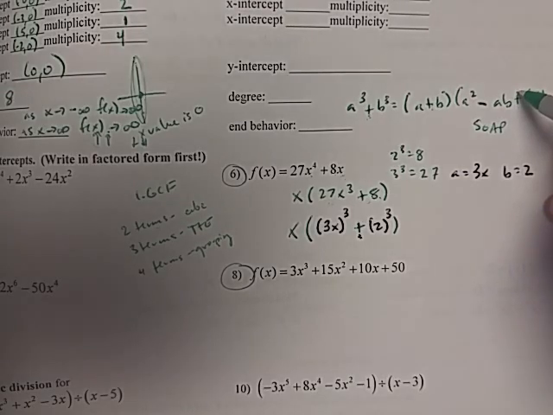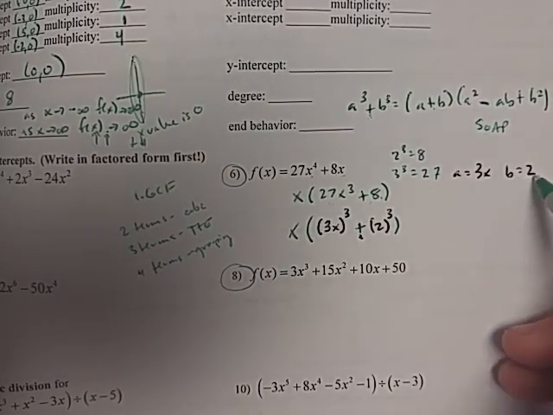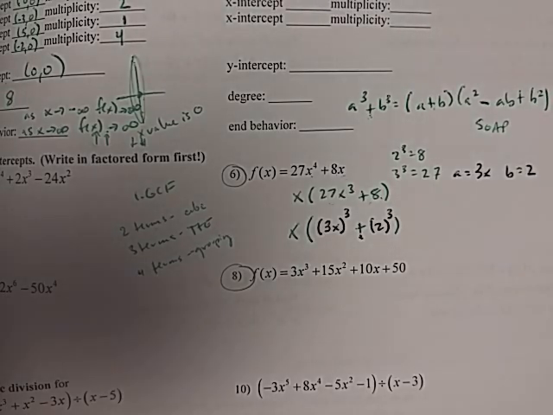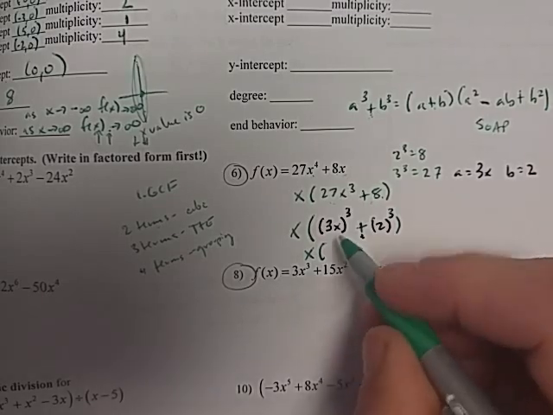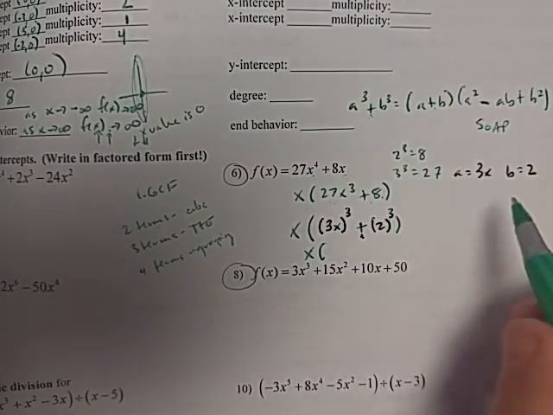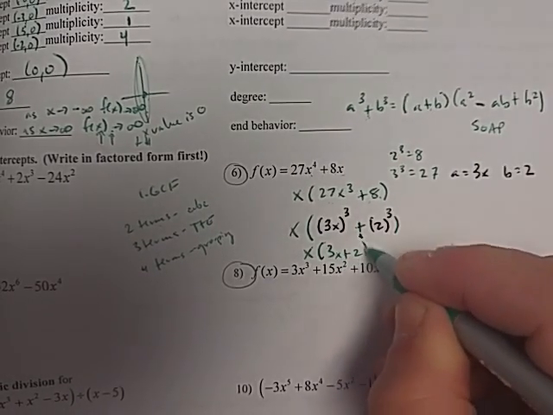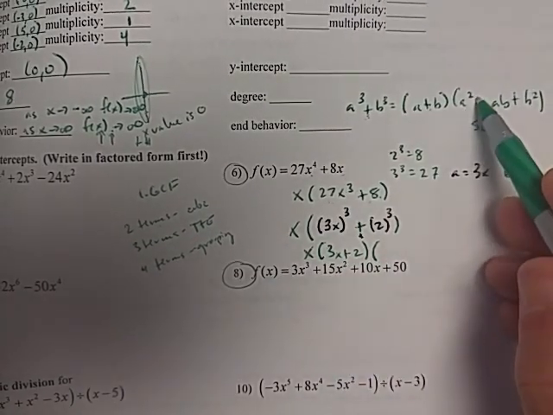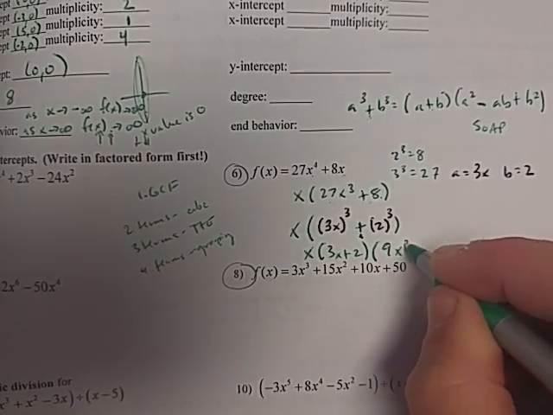So this is the pattern that I'm going to follow, but I'm going to use my 3x instead of a, and I'm going to use 2 instead of b. So this is going to become x times, a plus b, so I'm going to have 3x plus 2. And then I'm going to have a squared. Well, 3x squared is 9x squared.